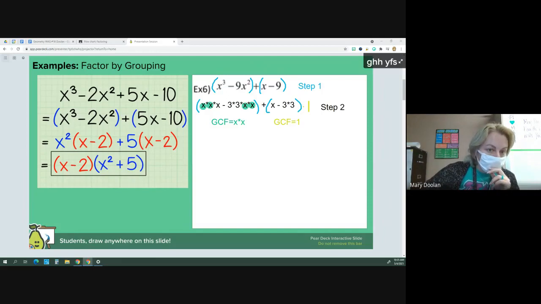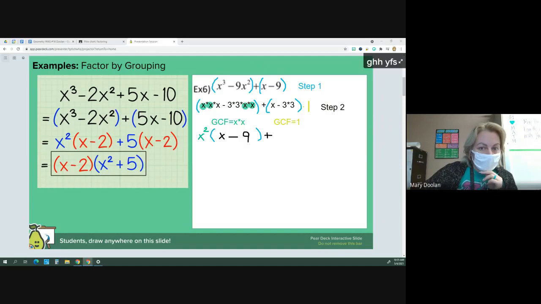So this one, we're going to rewrite a little bit differently. I'm going to pull out this GCF of x squared. And then in the parentheses, what I'm left with is this x, this minus 3 times 3, which is 9. Okay, we have plus.